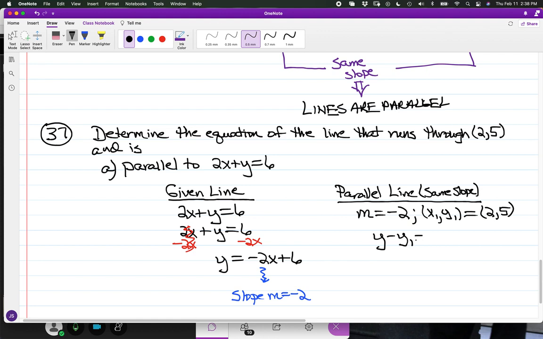Looking at setting up what we have along the lines of the point-slope algorithm, we have y minus y1 becomes y minus 5, equal to the slope m, which we have at negative 2, times the quantity of x minus x1. So this is going to translate out to negative 2 times the quantity of x minus 2.